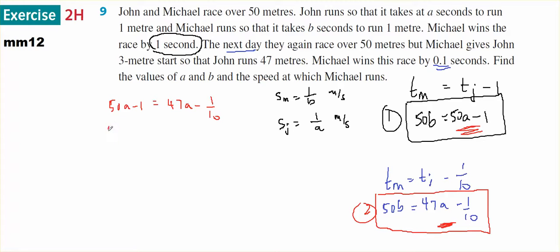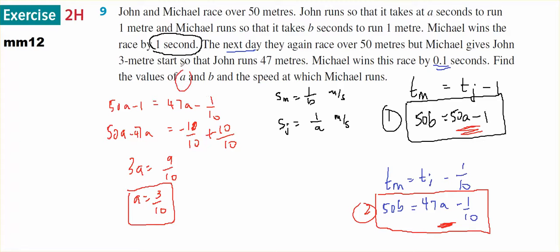So 50A minus 47A equals negative 1 on 10 plus 10 on 10. 3A equals 9 on 10, divide by 3, A equals 3/10.